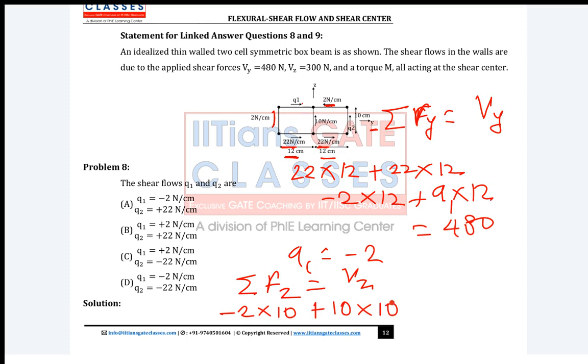The last one, going again upward, is q2 into 10, and this is equal to 300. So what is q2 guys? Exactly, q2.